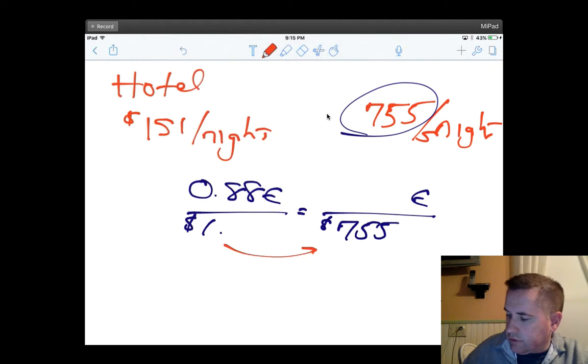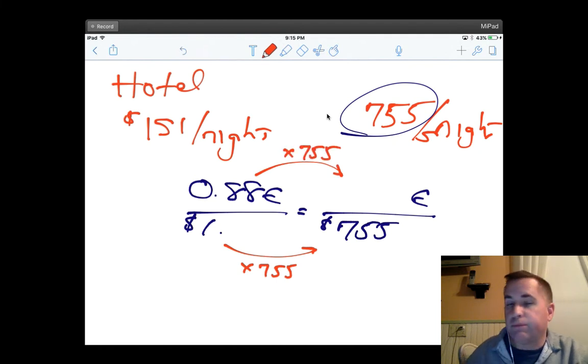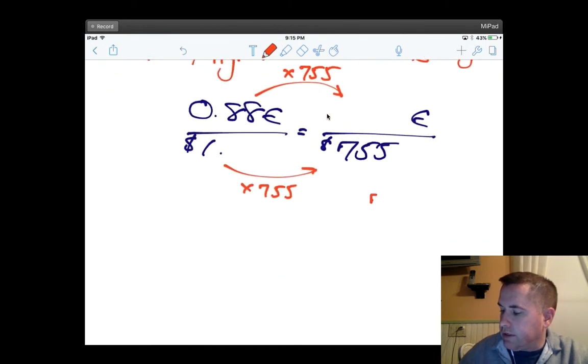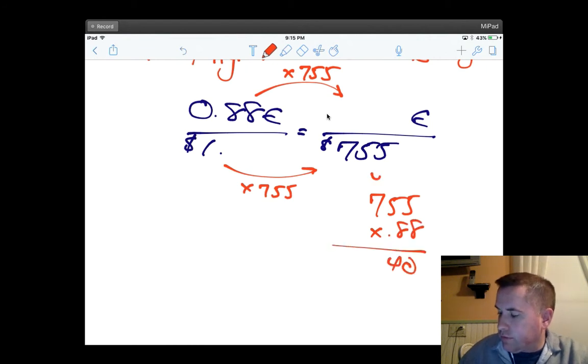That's what we need to calculate. It's times 755. So 755 times 0.88.